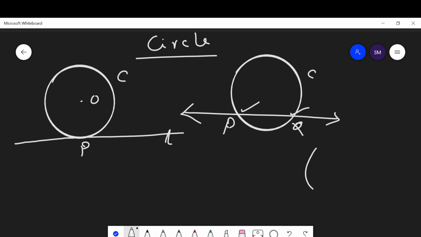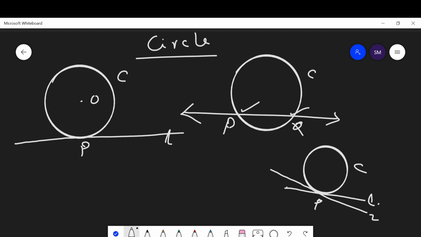At a single point, we can draw an infinite number of tangents. Suppose P is a point on the circle, we can draw infinite tangents L1, L2. In this way, we can draw infinitely many tangents to the circle.